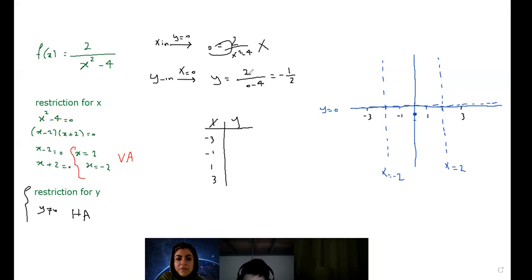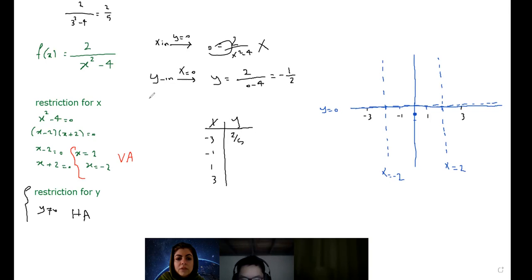If you put negative 3 for x, you get 9 minus 4, which is 5. So it's going to be 2/5, positive.